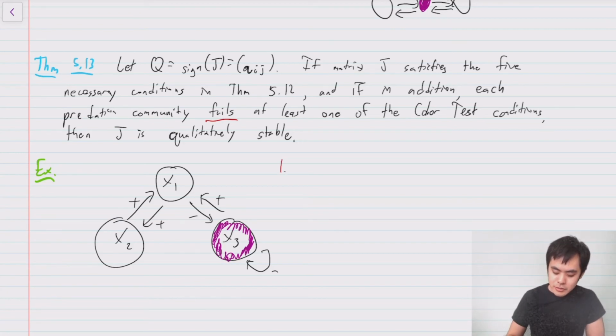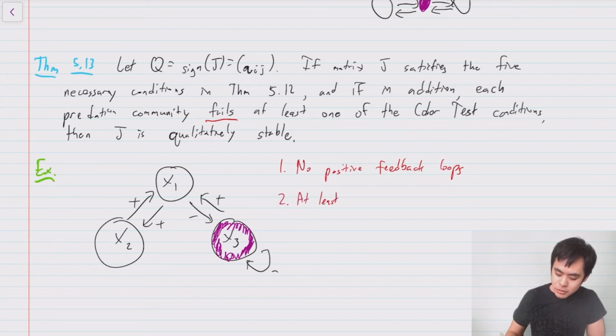So first, let's check the 5 necessary conditions. So note, 1, no positive feedback loops. 2, we have at least one negative feedback loop. That's true.